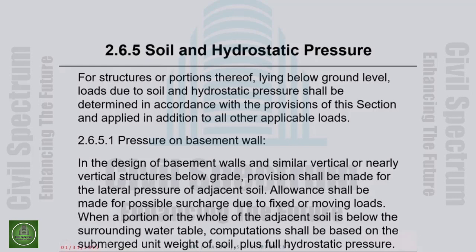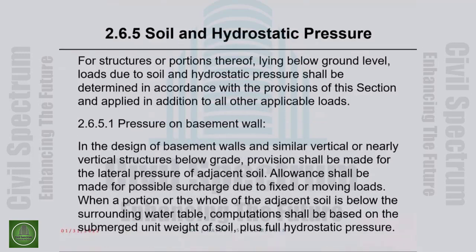So first is pressure on basement wall. So this is horizontal earth pressure, as I've been talking about. This is the H. Okay? If there is no earth, it is just liquid, it would be F. Now the next section, uplift.